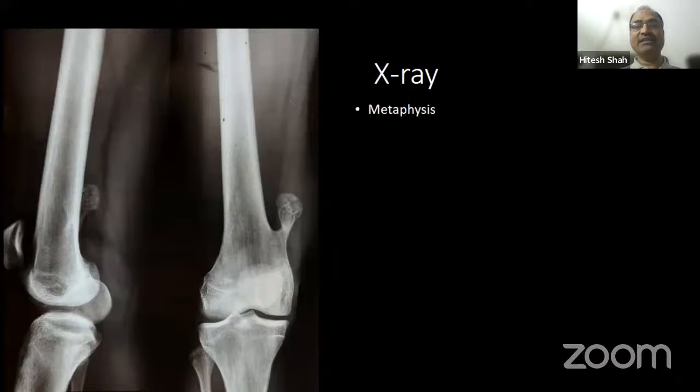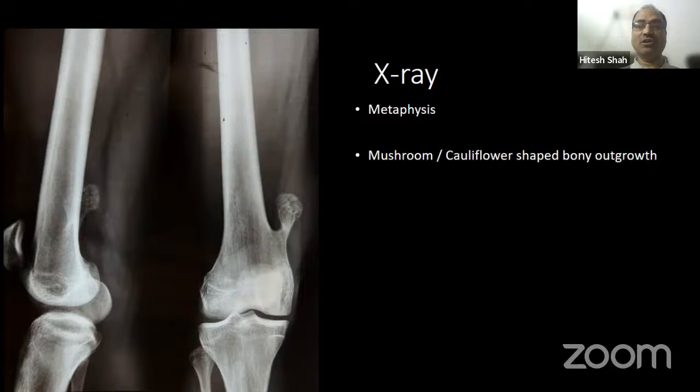It involves the metaphysis, whatever the shape, whether mushroom shape or cauliflower-like, a bony outgrowth from the metaphysis, and it can be sessile or pedunculated. You can see the bony stalk is smaller than the tumor, so it is pedunculated.